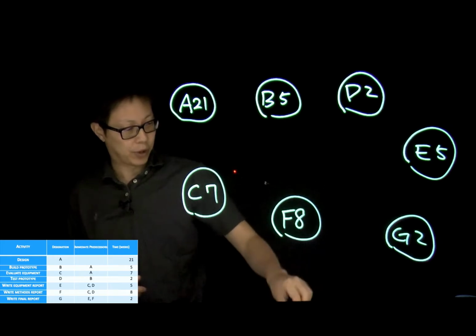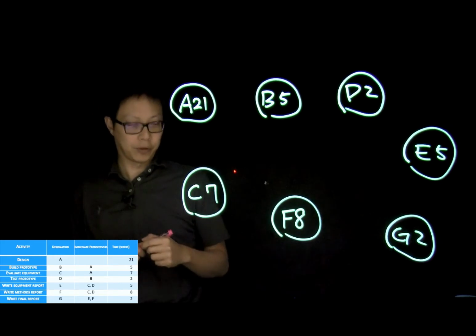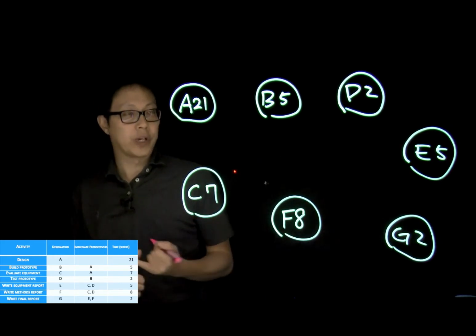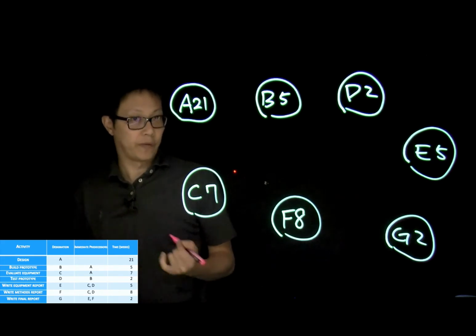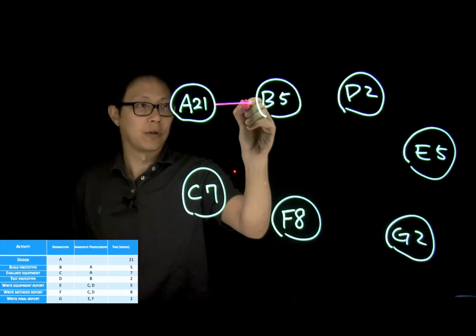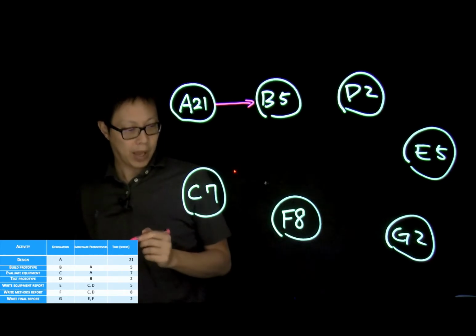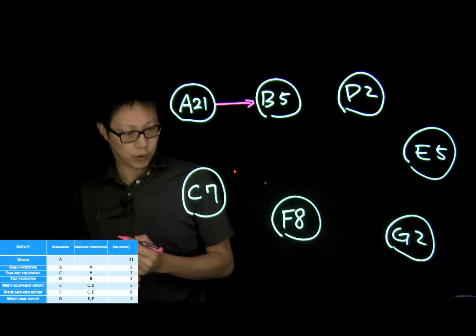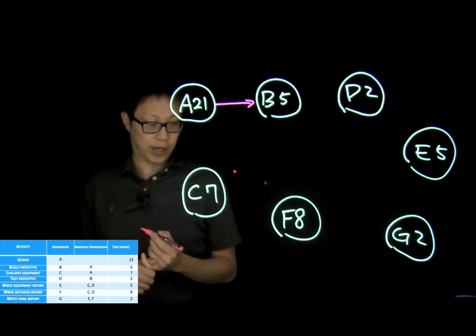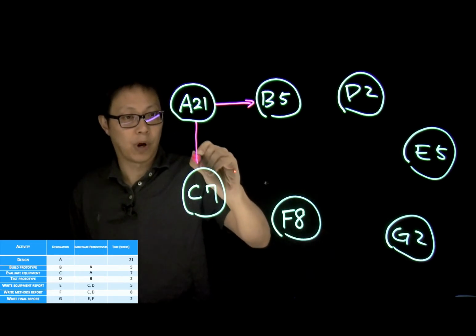And let's try to connect those nodes. We know we cannot start to work on B until we finish A. So we have an arrow right here. And we cannot start to work on C until we finish A. So we have one down here.